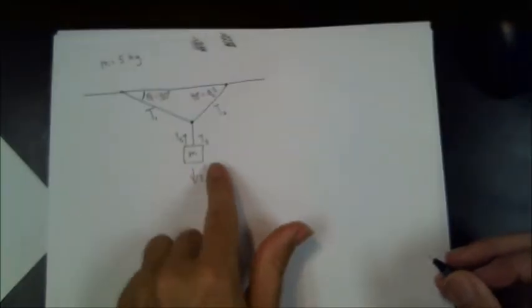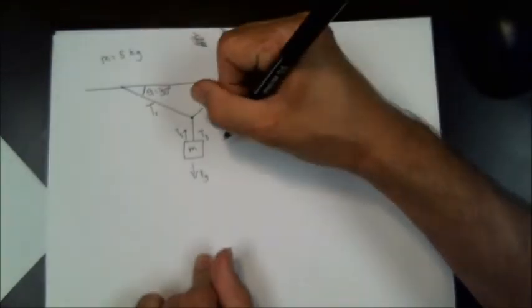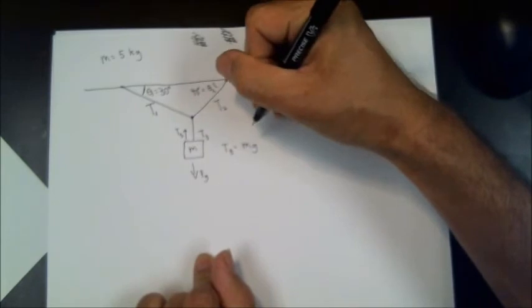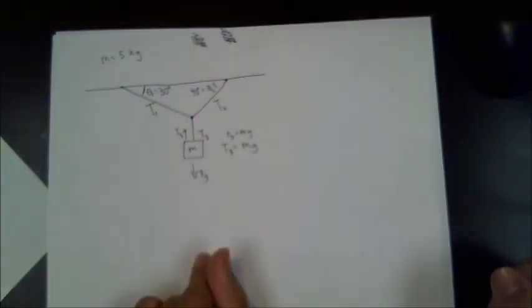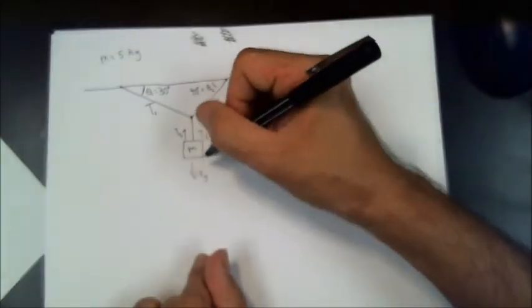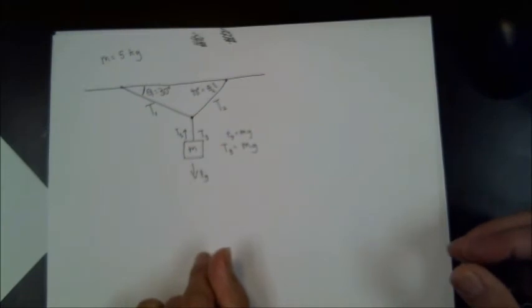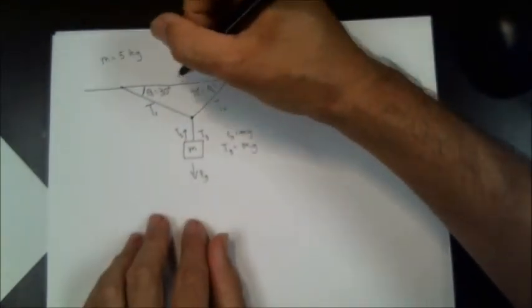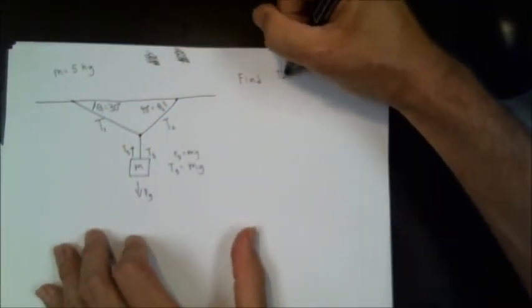What that means is tension 3 is equal to mg, because the force due to gravity is equal to mg. So tension 3 equals F of g, therefore tension 3 is equal to mg. Okay, does that make sense? Good. Now the goal for this whole problem is to find T1 and T2.